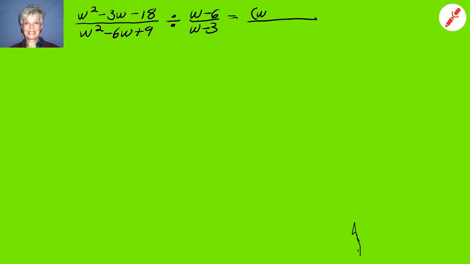We're going to factor. And remember, when the quadratic coefficient is 1, you get to factor by grouping using the easy method. And we're going to multiply by the reciprocal of the second fraction.